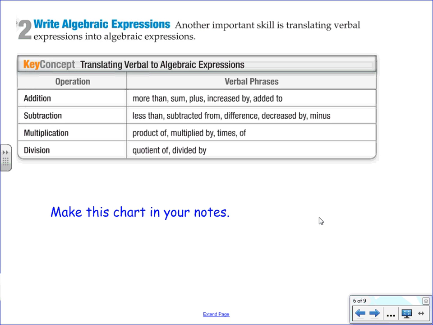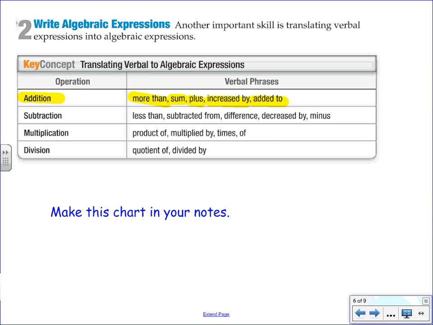Take a minute and make this chart for your notes. This chart shows you different ways to say different terms. So for instance, addition, how does that sound in a sentence? Sometimes it says more than, sometimes it's the sum, sometimes it's plus, increase by, and sometimes it's added to.